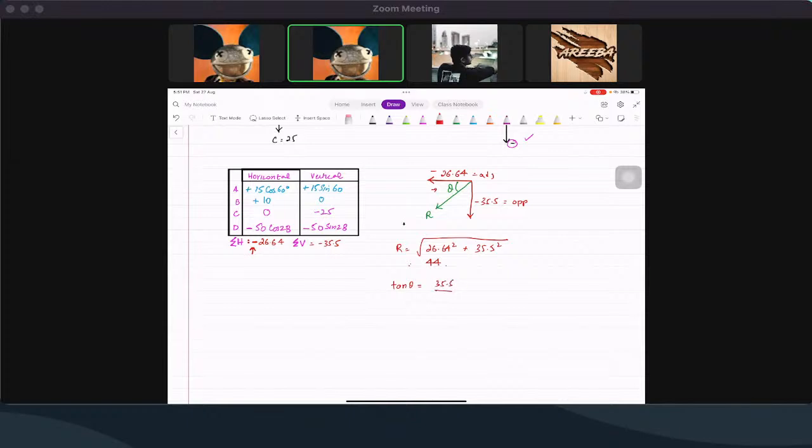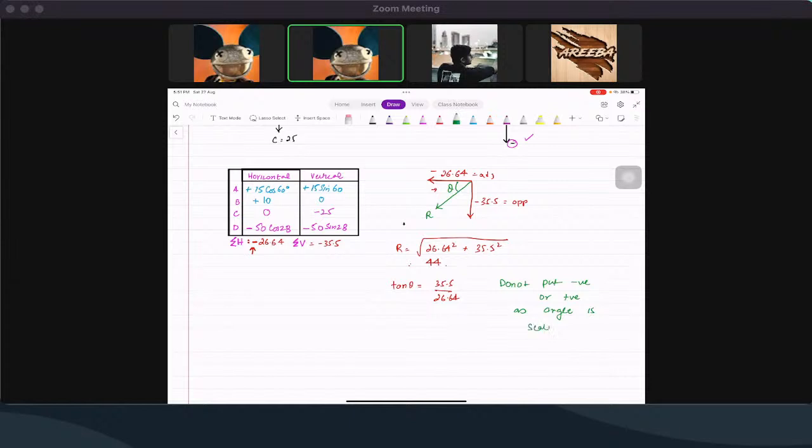So now this is going to be 35.5 divided by 26.64. The important thing that you guys need to remember is that when you are taking this, never put the signs here, because angles are basically scalar quantities. So I'm writing, do not put negative or positive, as angle is scalar.